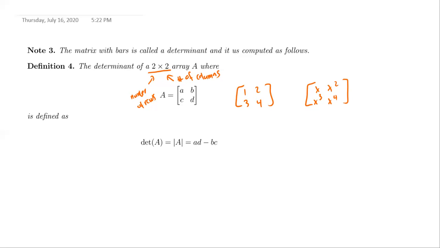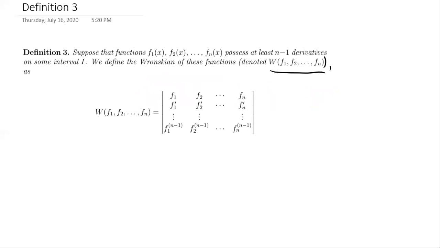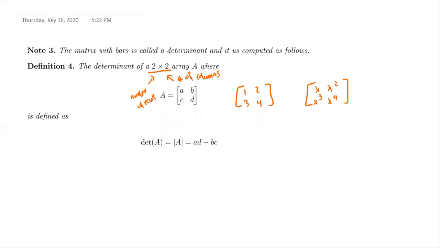How do you compute the determinant of a matrix? Well, as I mentioned, when you have a matrix with vertical bars, that is telling you to compute the determinant of that matrix. So how do you compute the determinant of a matrix, which we denote by either writing the matrix or just the name of the matrix, always now enclosed, not in square brackets, but in vertical bars?